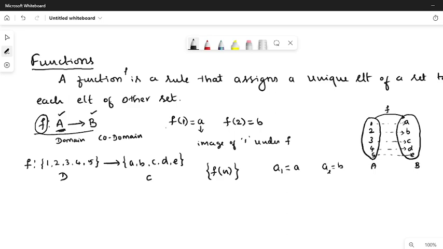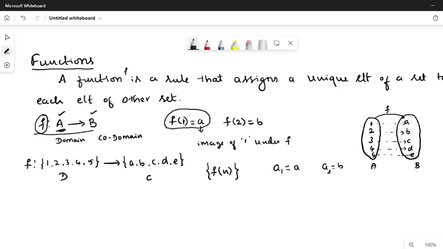If I say f carries 1 to a, then I should denote that. To denote that, this is the notation: f of 1 equal to a. The meaning of that is 1 is mapped to a under f, or we say that a is the image of 1 under f. So there are two ways.